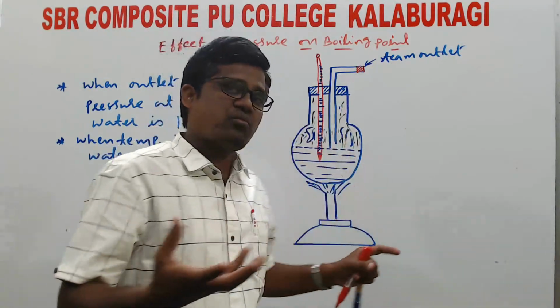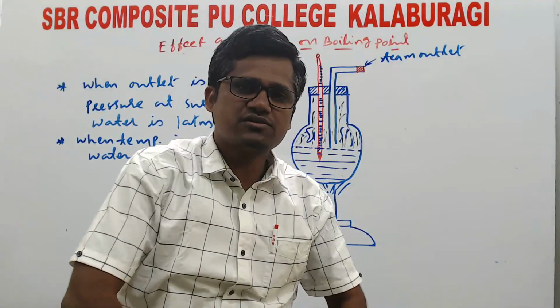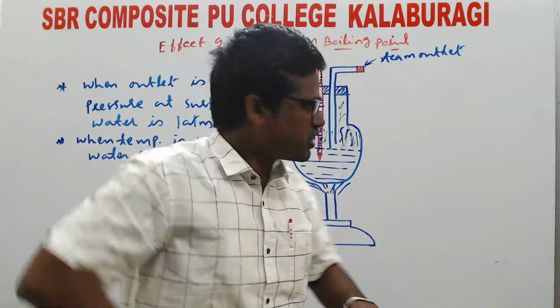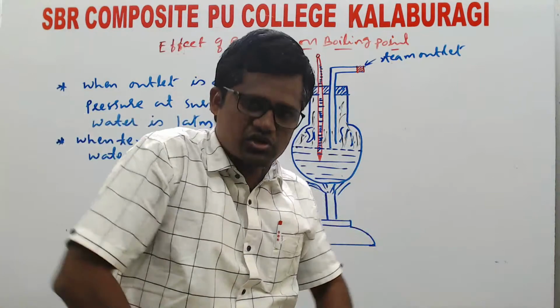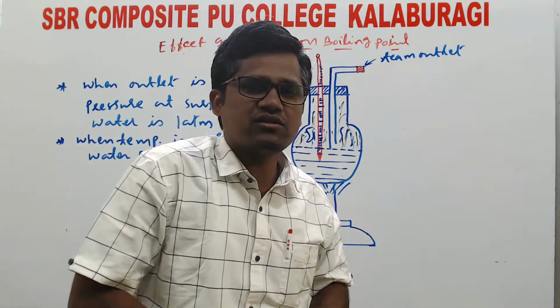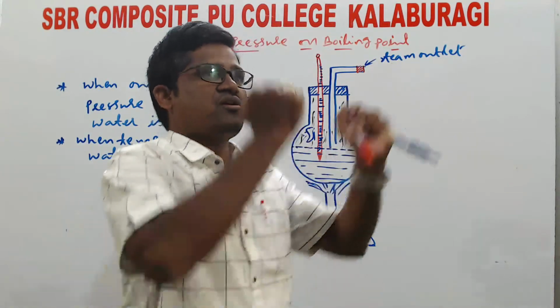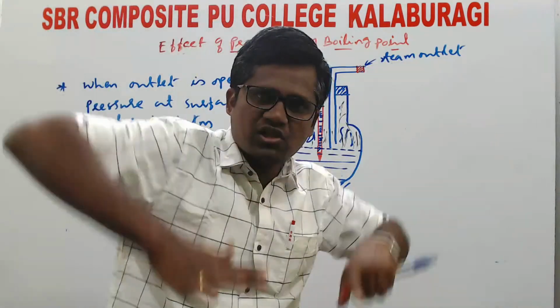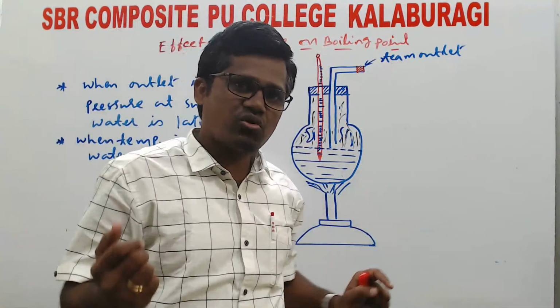Because this water vapor creates more pressure on the water surface. With more vapor, they create pressure on the water surface, and no more molecules of water can come out because they are packed.